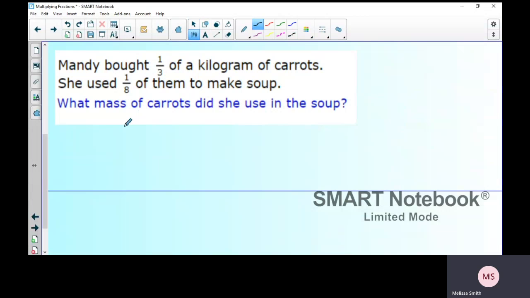So we know again, she's used 1/8 of 1/3. Well, how do we calculate that? Well, we know that of is the same as saying times by, multiply. 1 times 1, 1. 8 times 3, 24. She used 1/24 of the bag of carrots in the soup.